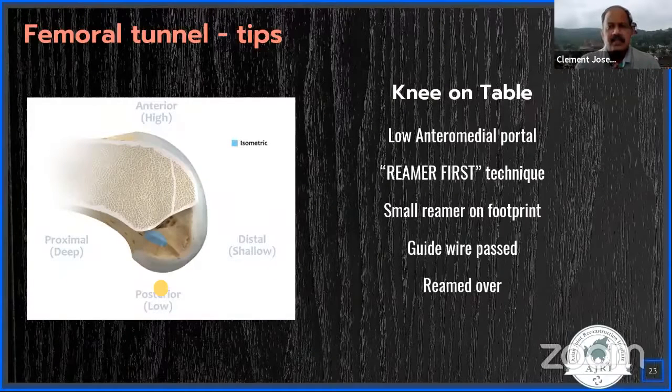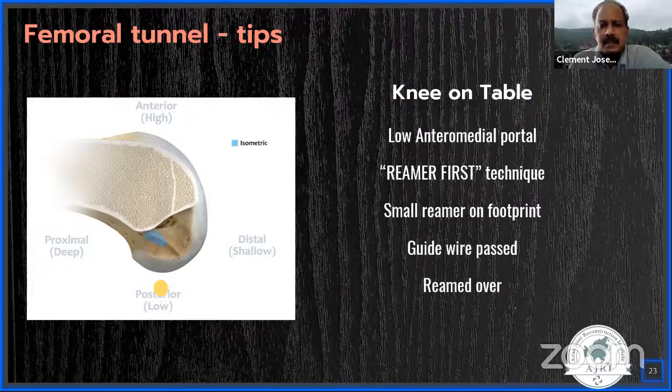Ideally, for remnant preserving ACL reconstruction, the leg can be kept on the table so that you can really hyperflex the knee. A low anteromedial portal is used for making the femoral tunnel. To prevent damage to the remnant, I use a technique called the reamer first technique, in which a small size reamer, a 6 or 7 millimeter reamer, is kept exactly where you want your tunnel to come.